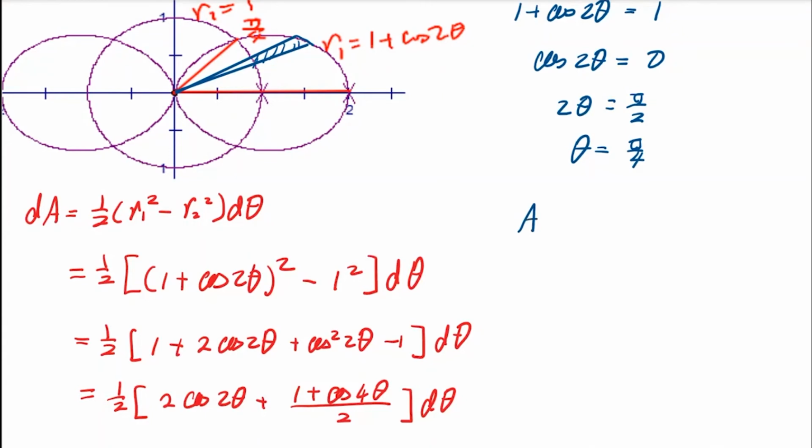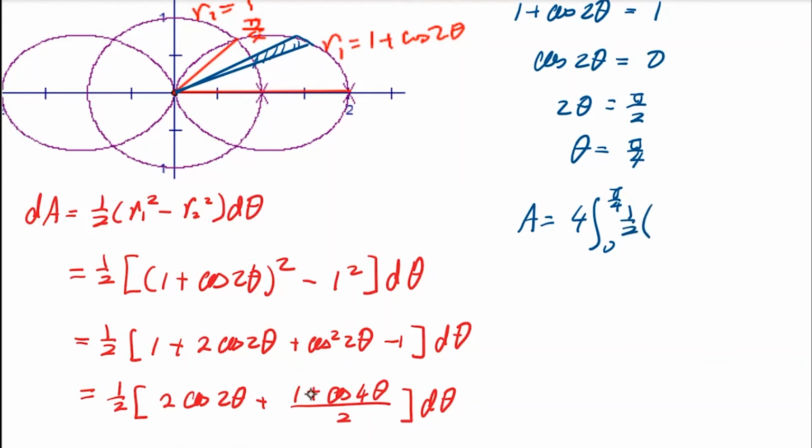Okay, let's integrate. So my A is now taken just from 0 to pi over 4, because 0 is our favorite number, and then we'll quadruple it, because we have this one, and that one, and this one. You get it? Shove this in. Let's do this methodically.